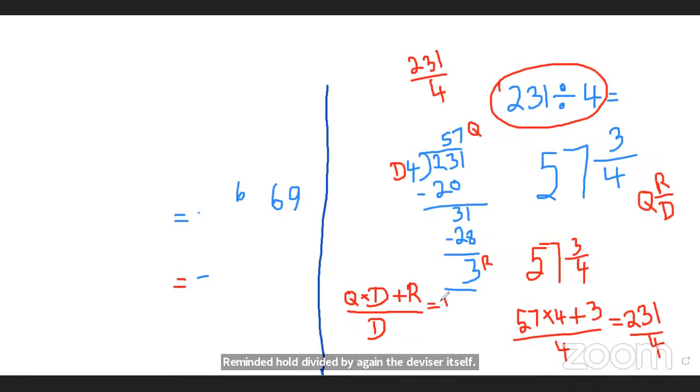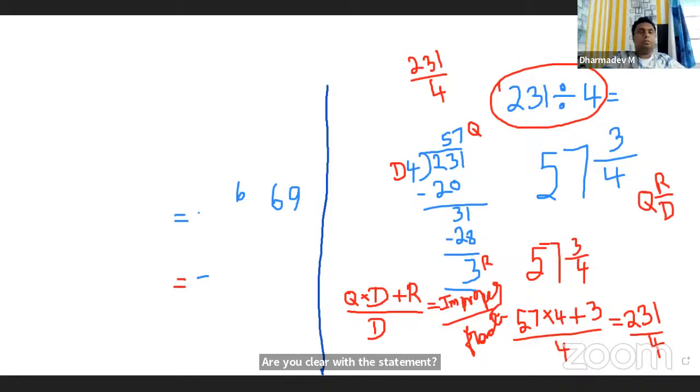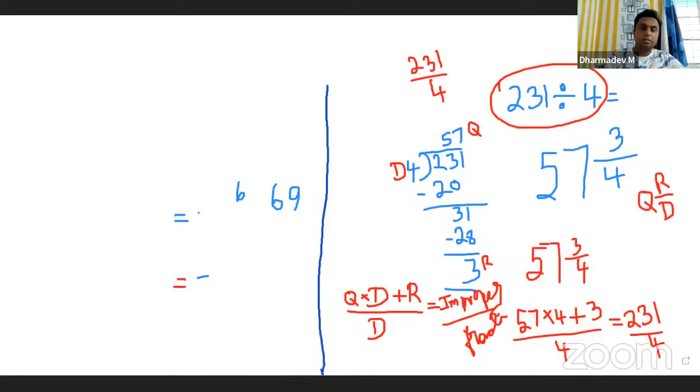This will give me the improper fraction. Are you clear with that? Are you clear with the statement? That's great. Nice. Can I erase it?